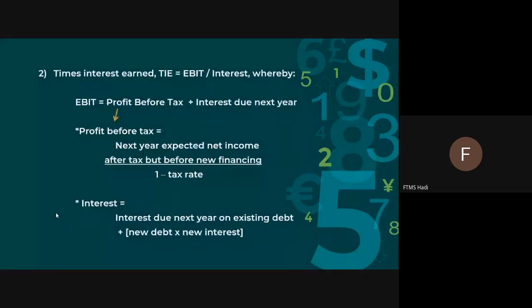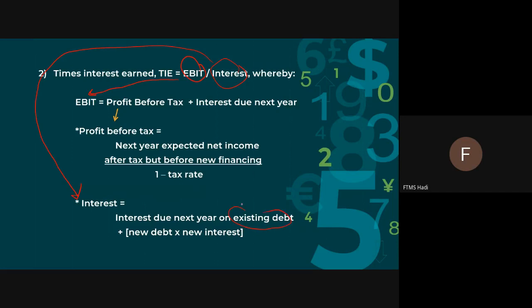The second step is to calculate TIE, which is EBIT divided by interest. To calculate EBIT, this is the formula: profit before tax plus interest due next year. To get profit before tax, it is next year's expected net income after tax but before new financing, divided by 1 minus tax rate. And for interest, you need to calculate this one: interest due next year on existing debt plus new debt multiplied by new interest.